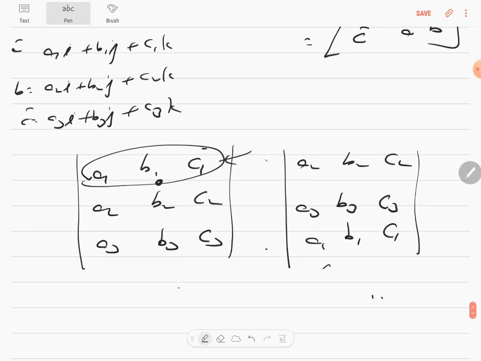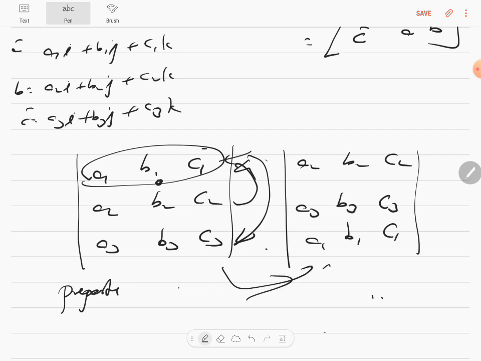According to determinants, that's a property. Exchange one row and the answer becomes negative. Exchange two rows and the answer becomes positive. Here two exchanges have happened, so negative times negative is positive. So this answer and this answer will be the same.